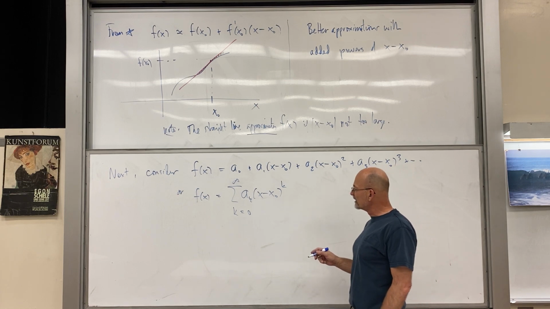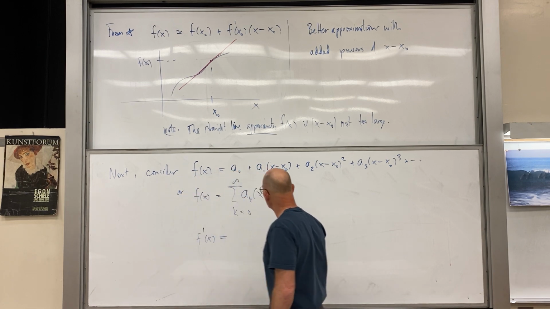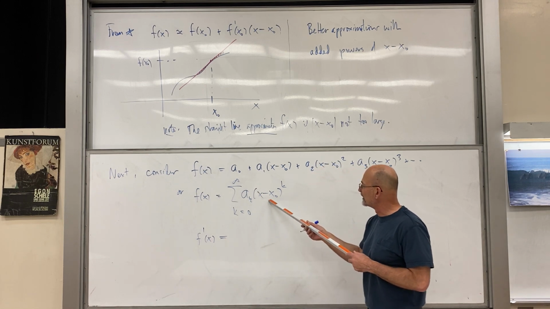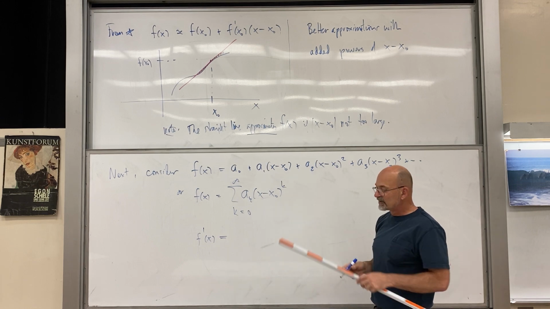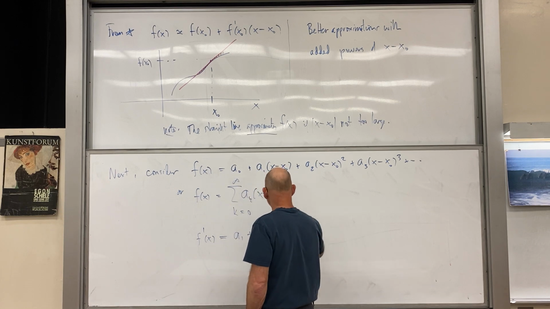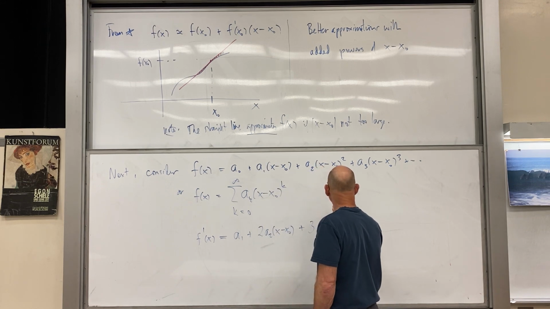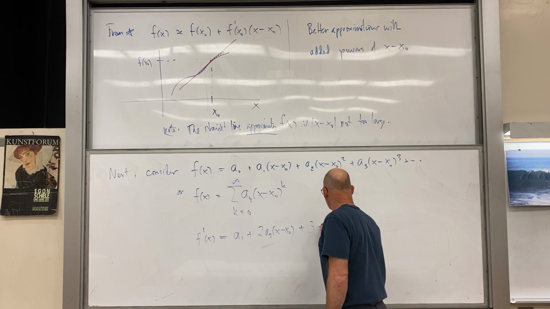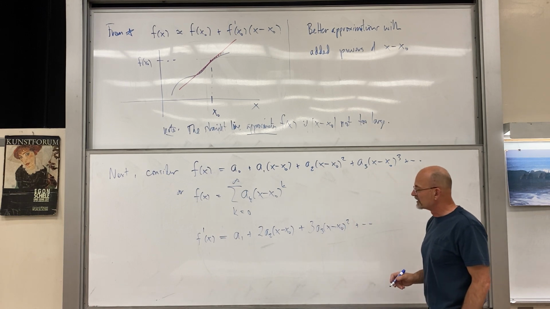And let's just take derivatives. f prime of x is equal to, you can actually do it on this sum here, but if we look here, we'll kill the constant and we'll have a sub 1 plus 2 a sub 2 times x minus x0, plus 3 a sub 3 times x minus x0 squared, plus and so on.